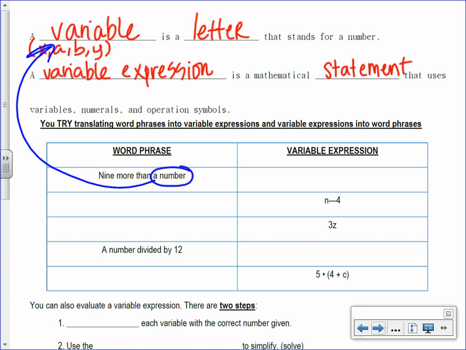So I'm going to use a. You can use y, you can use x, you can use any letter you want. So it's saying 9 more than a. So if I don't know a, but I know it's 9 more, well, mathematically I know more is adding. So a plus 9. That's all I'm looking for.